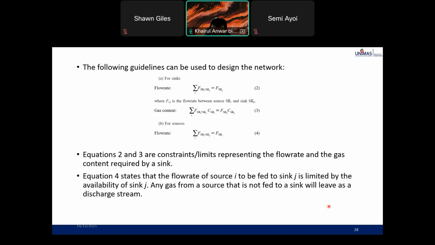The flow rate target as well as the gas emission target are achieved during the targeting stage. Note that using this stage, the gas network should be designed for each region separately.